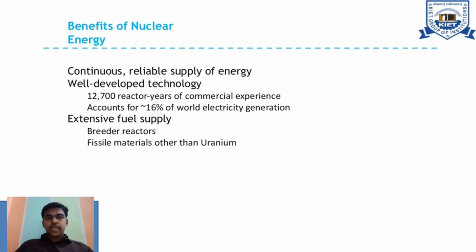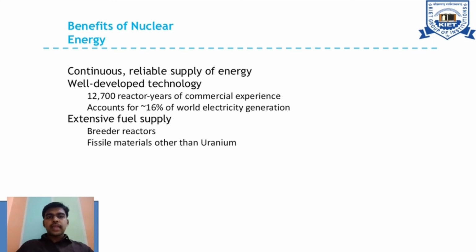At the same time, look at the second point, extensive fuel supply. We have to look at extensive fuel supply in the process of nuclear energy. Why am I continuously telling these two major points? Because the first primary point is reliable supply of energy as a major nuclear energy benefit, and parallelly we look at the extensive fuel supply.